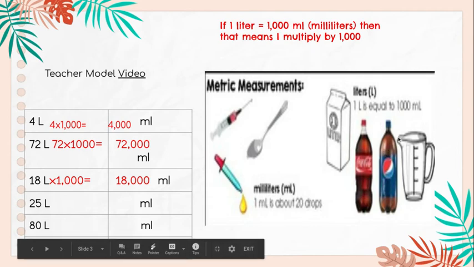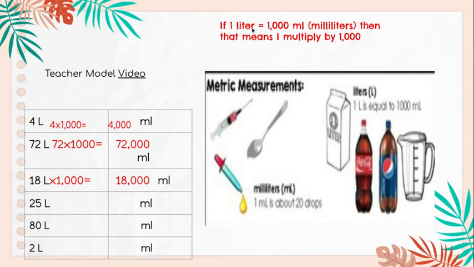Okay? Now, I know that 1 liter has 1,000 milliliters inside of it. So if I know that, then that means that if I want to change a liter into milliliters, I have to multiply by 1,000. So if you look here, it says 4 liters, and they want to know how many milliliters that is.